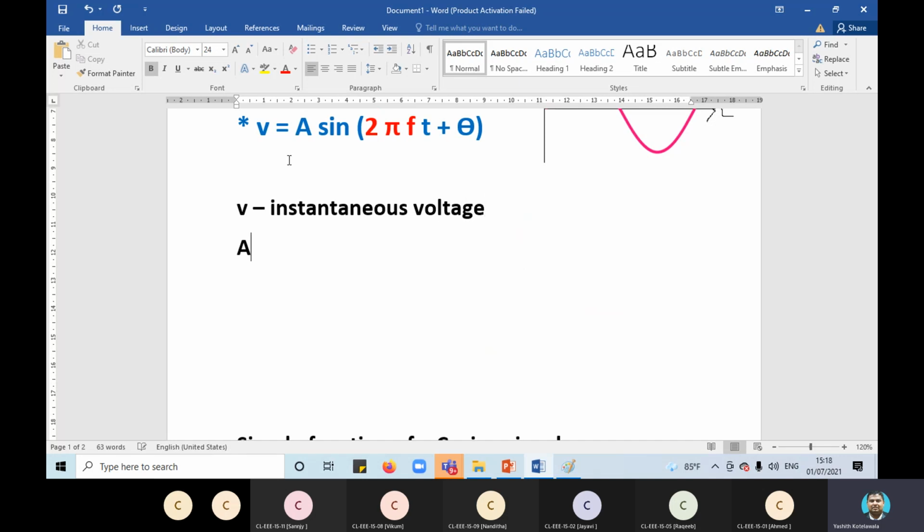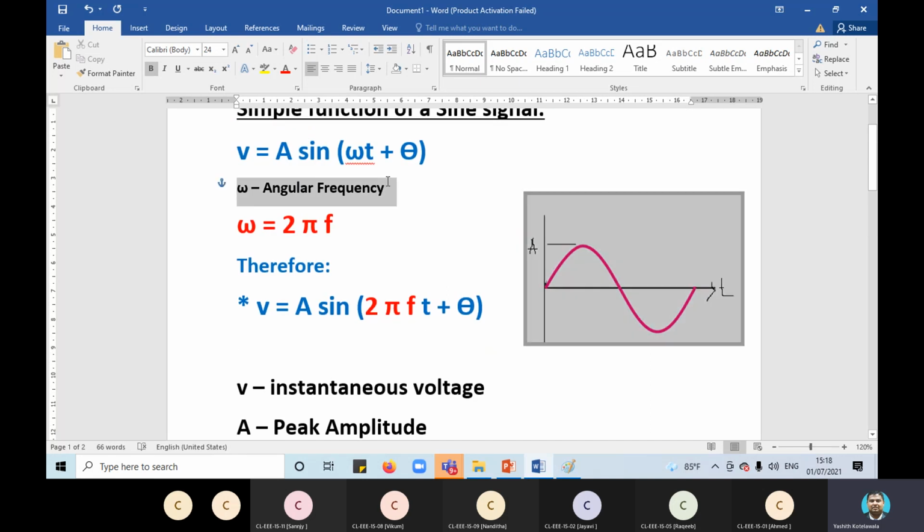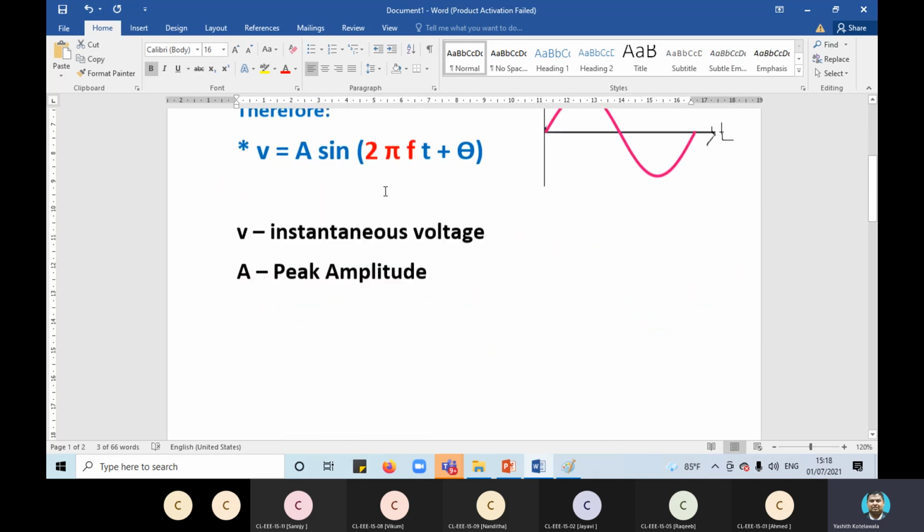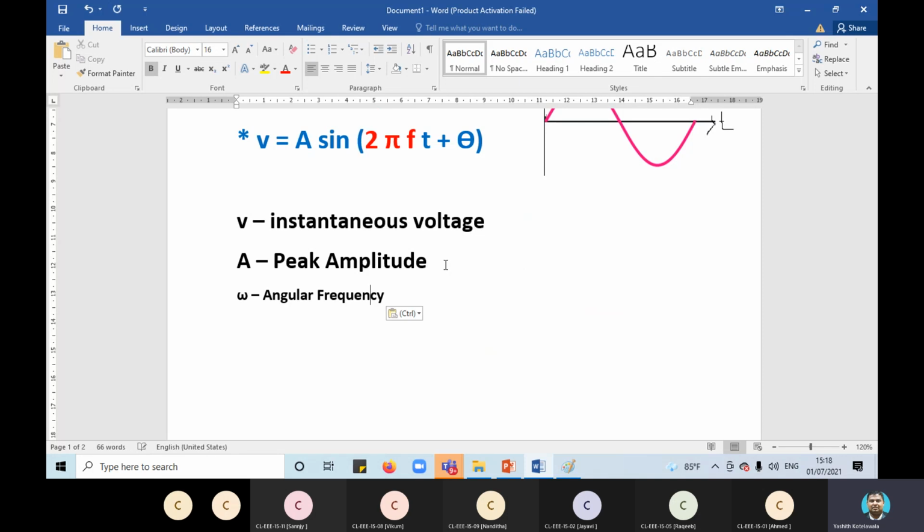Then we have capital A, the peak amplitude. Then we have 2 pi, take omega.